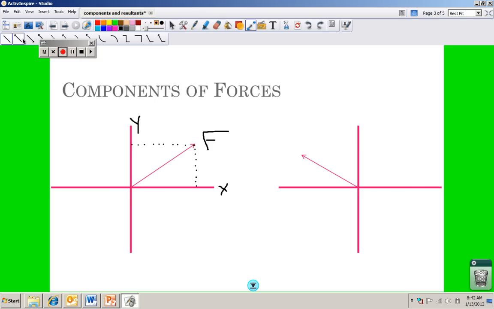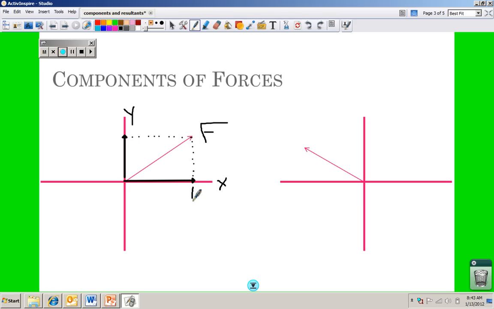Okay, so now this is the x component, Fx, and this is the y component.